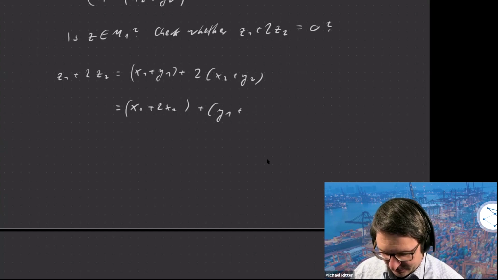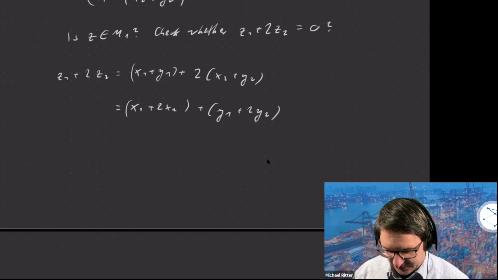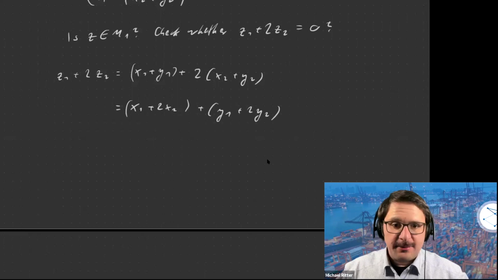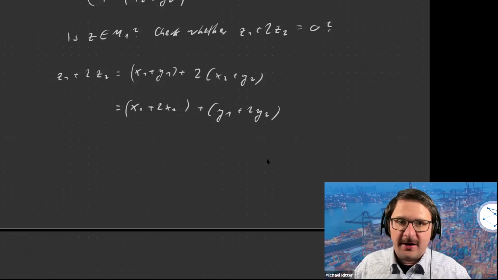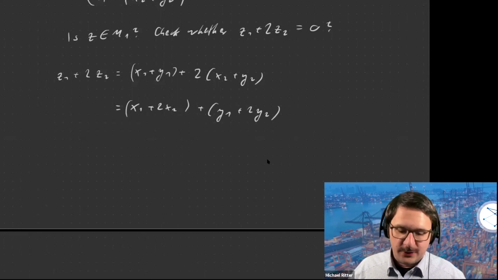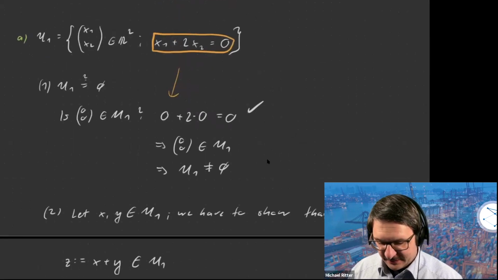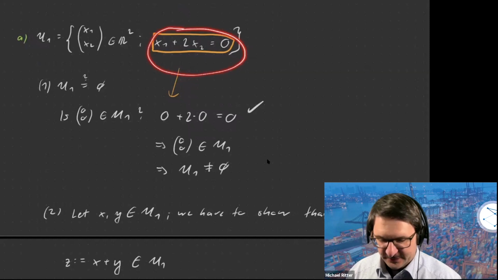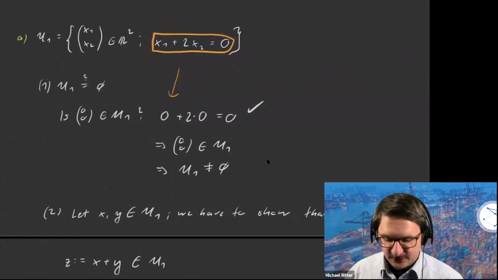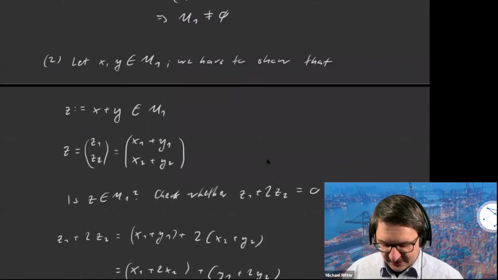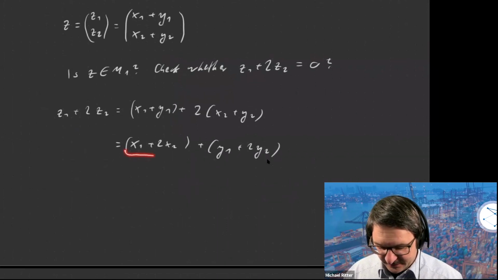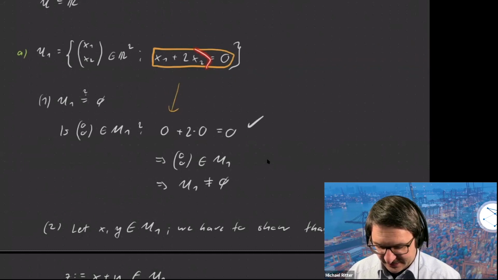That's y1 plus 2y2. And we did that because we know that x and y are contained in the set U1. So as they are contained in U1, that means these two vectors fulfill this property. Otherwise, they couldn't be in U1. And you notice that this here is exactly the same as this left-hand side here.